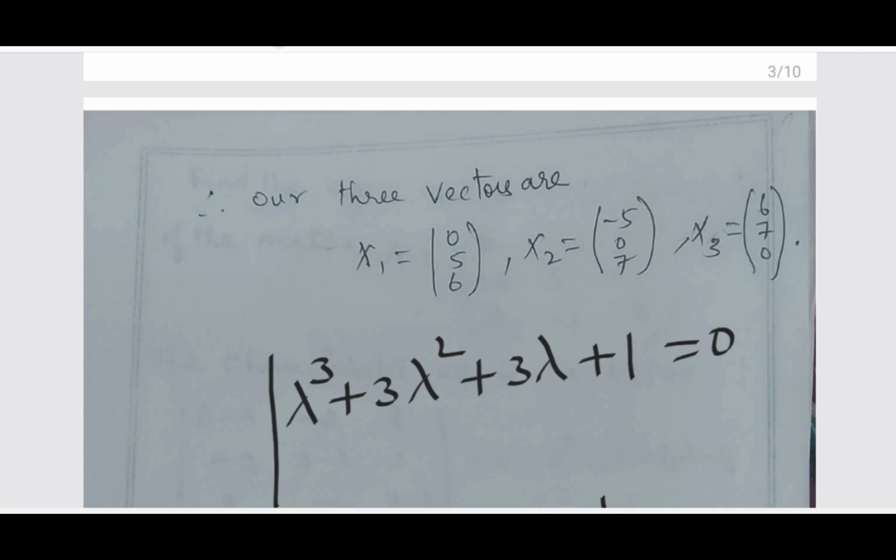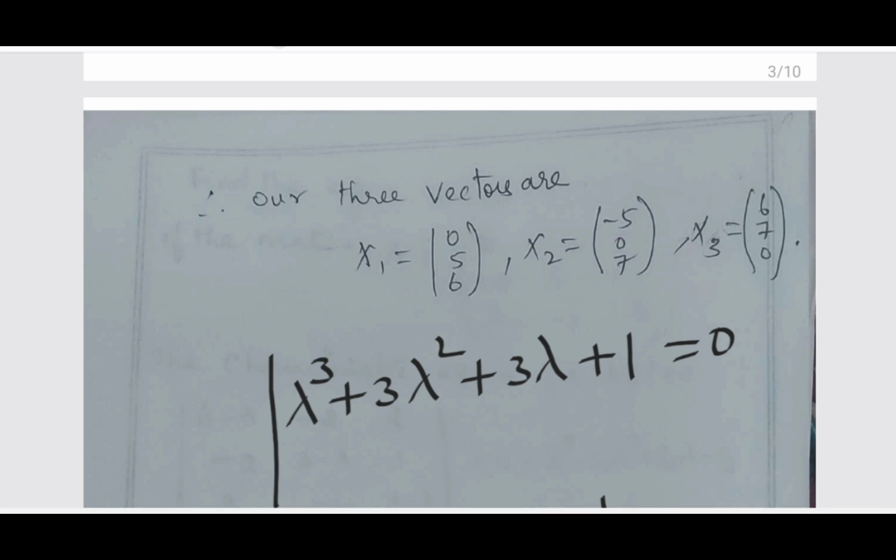Is it clear? One more thing you need to be very careful about: if all three eigenvalues are the same, especially for the non-symmetric matrix, you need to find the eigenvector only by this method, provided all three equations are the same. Suppose you are not getting all three equations the same, and you get different equations, that case is different.